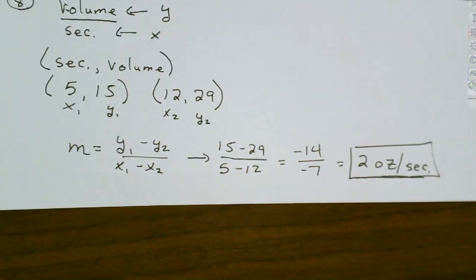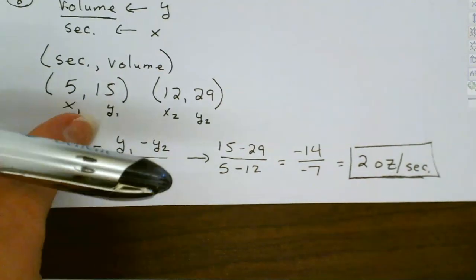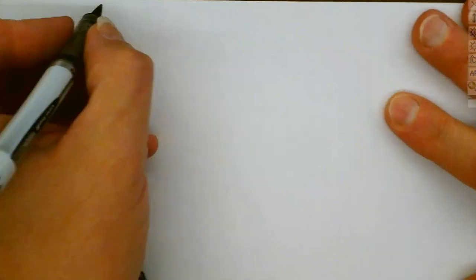Calculate your slope. Now we do have a few topics left to cover, and that's just going to be how to graph line equations. And so you should already be familiar with the slope-intercept form of a line.